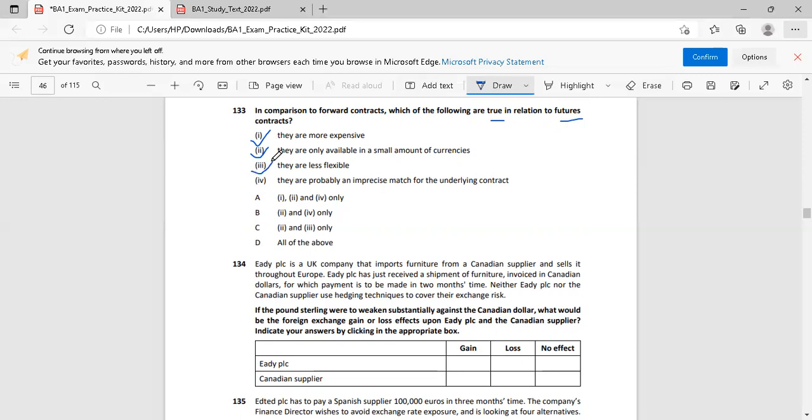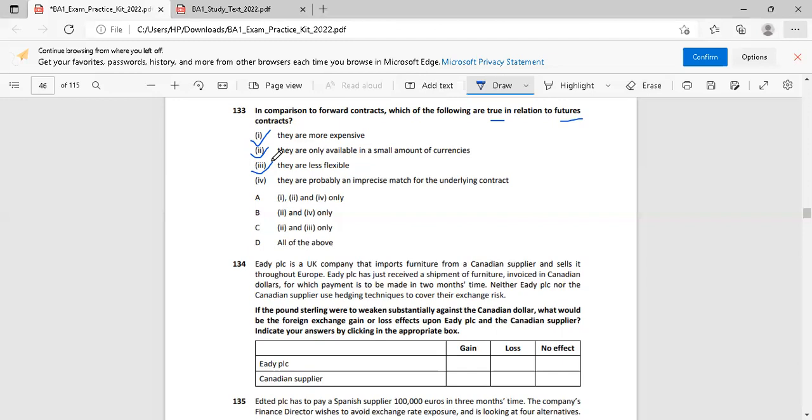It is not possible for one party to back out of the contract and then default on that. No adjustments can be entertained because they are bound by the contract. So there is some intervening party involved in situations of not fulfilling the contract. So they are less flexible.